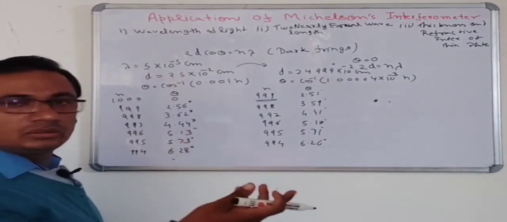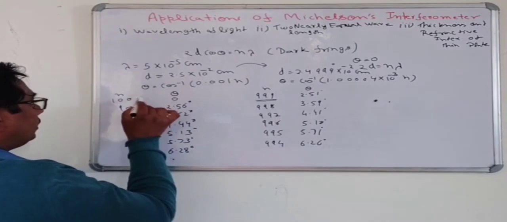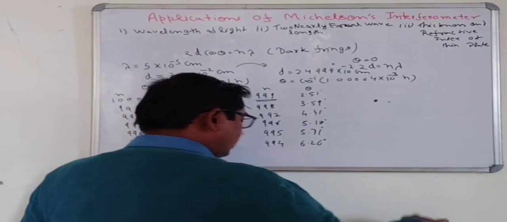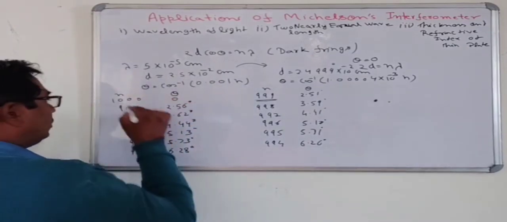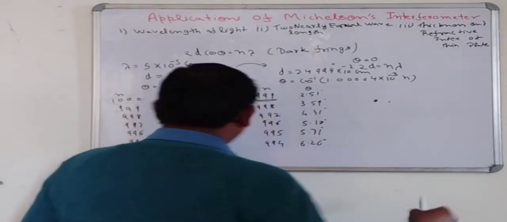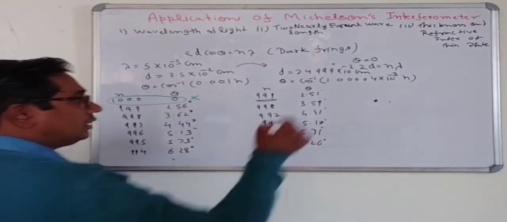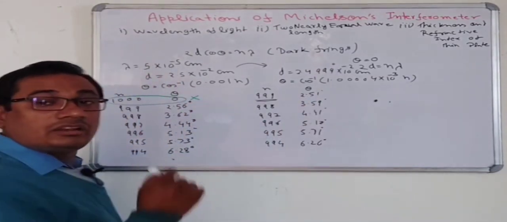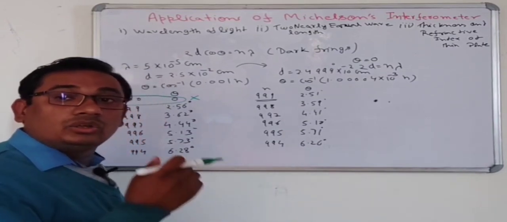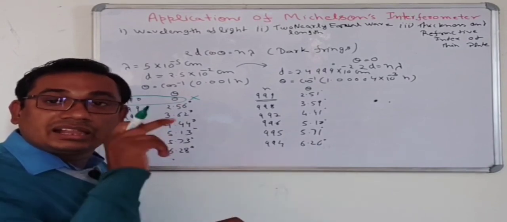You can check it also. When d is decreased slightly in this manner, this fringe will disappear, and with further slight decrease, the fringe pattern will collapse at the center.